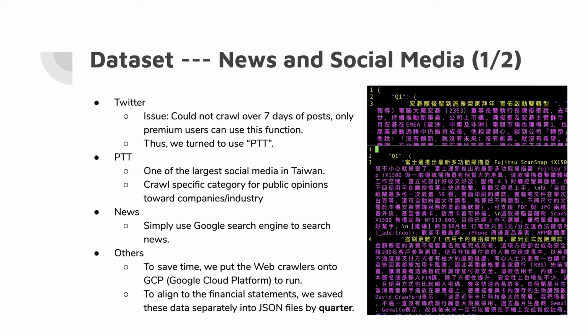But for this part, we need to notice that if we want to search posts from, for example, May 2019 to July 2019, since it's already far away from us, the search may not have many results, and sometimes the Google search engine will fill in the results with other things like wiki pages or other Google pages.